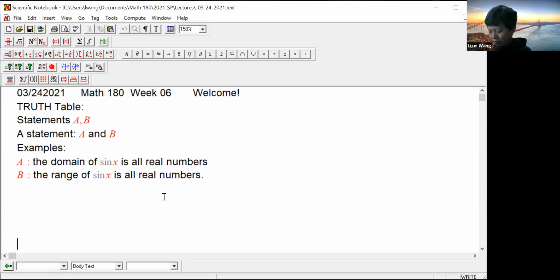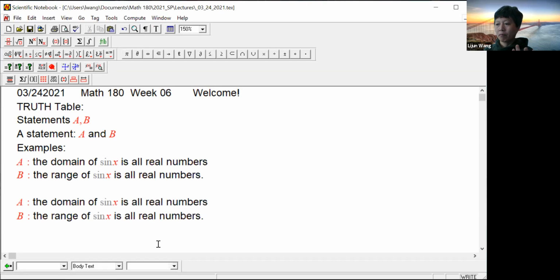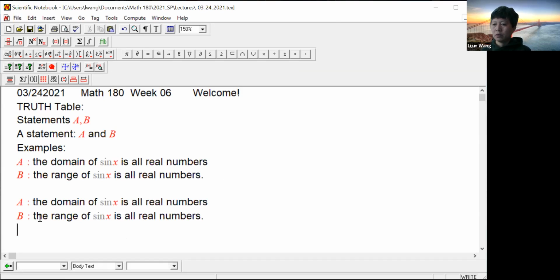Is it possible we have a true statement for B? Sure. So A could be true or false, B could be true or false. And these are examples. I can make another pair. The range of sine is, so this is my other statement.